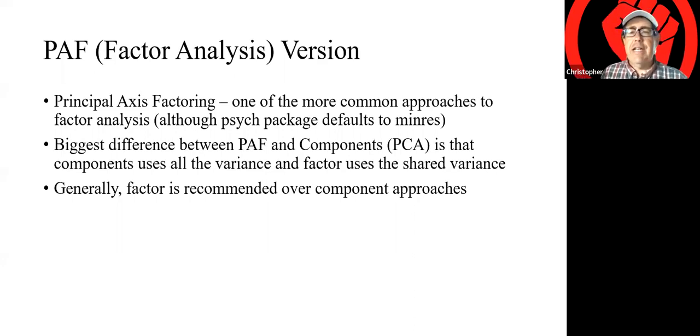So factor analysis is definitely the recommended method. I think that really the only reason why people did one over the other more commonly is historical. It was probably easier to do components analyses by hand, so that's what people saw in the literature, and then that proliferated. Again, factor analysis is probably the way to go here.